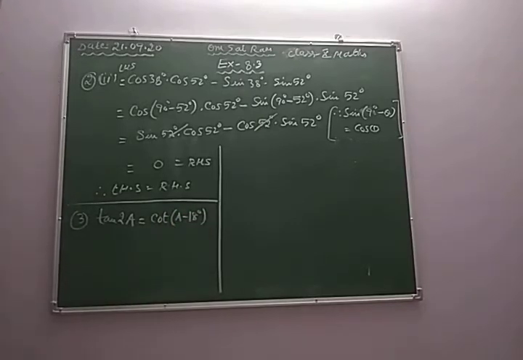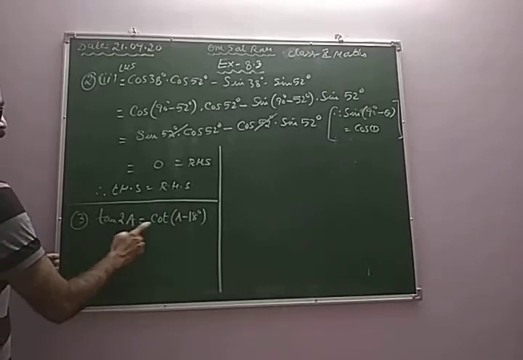And you have to find the value of angle A, and it is given that 2A is an acute angle. So we don't know whether 2A is an acute angle or not. After getting the value of A, we will verify how 2A is an acute angle.